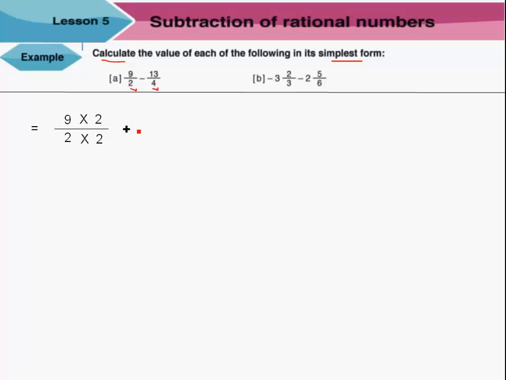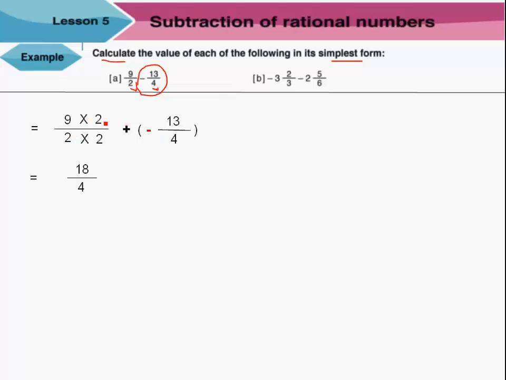Minus 13/4, but I will write plus, and between two brackets put this value with its sign, with minus sign, and it will be adding two rational numbers.